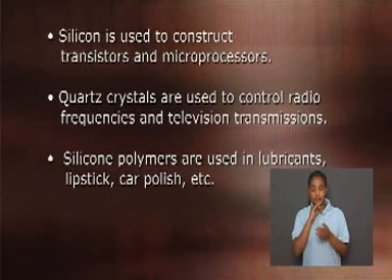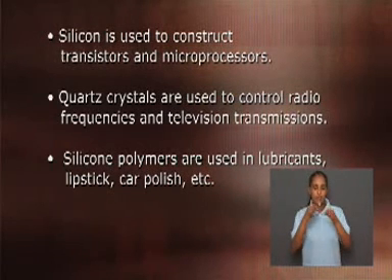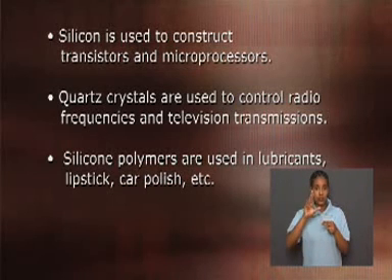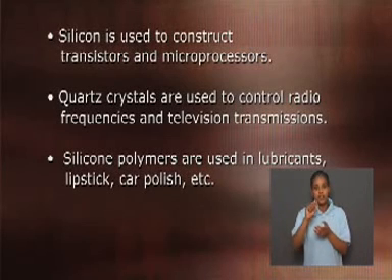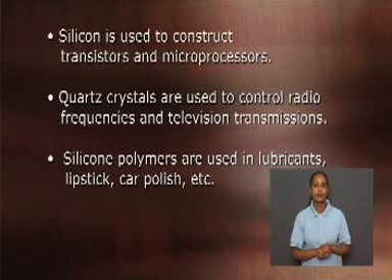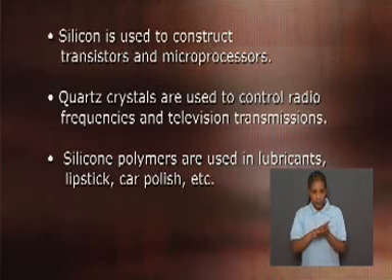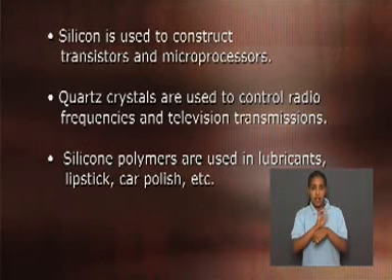This is because it is a semiconductor. Quartz crystals, which are a compound of silicon, are used to control radio frequencies and television transmissions. Lubricants, lipstick, car polish, and many other materials are made using silicone polymers.